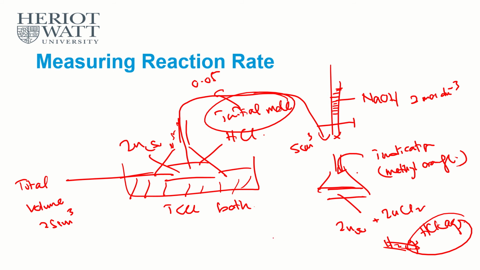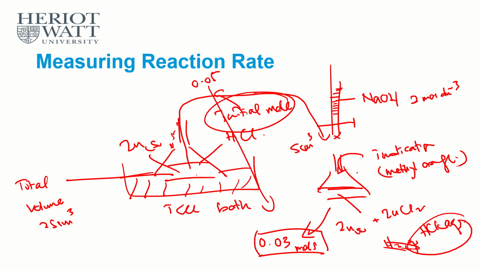Let's say the mole now is actually 0.03 from this titration. So this will be the number of mole of HCl remaining. All right. Now we can see the drop here in terms of concentration. 0.05 dropped to 0.03. So there is a decrease by 0.02 after 2 minutes.